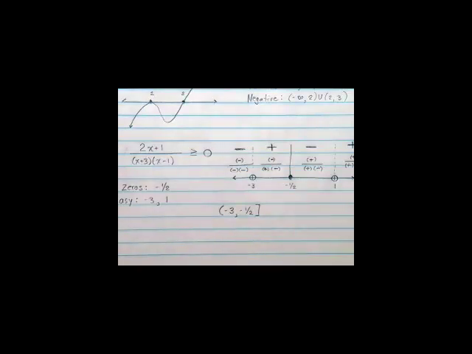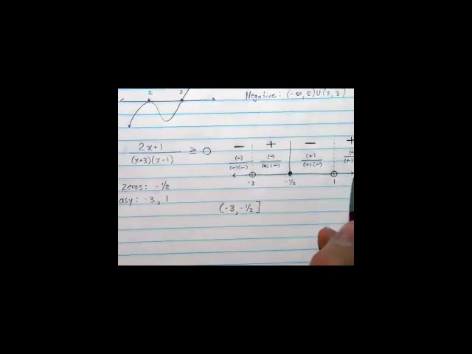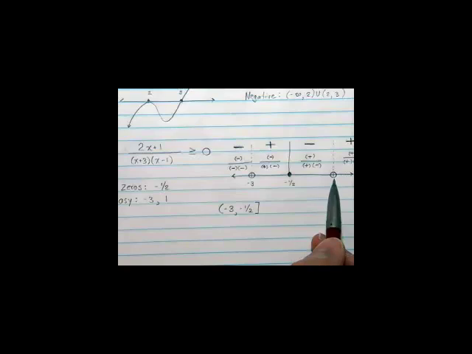I can't include the -3 no matter what because it's an asymptote. Okay? It's not where it's equal to 0. It's just an asymptote. That -1/2 is a 0, though, so I do want to include that because I wanted to know where is it greater than or equal to 0. And then I got this other interval over here, but again, 1 is an asymptote, right? So what's that interval?